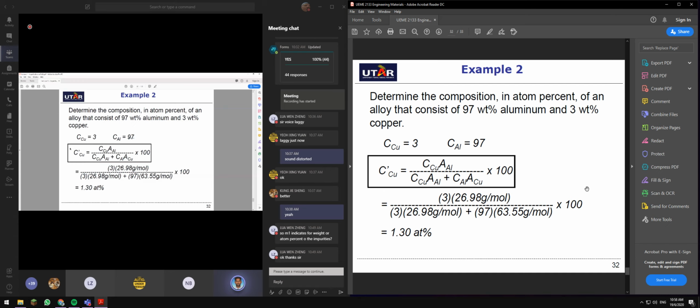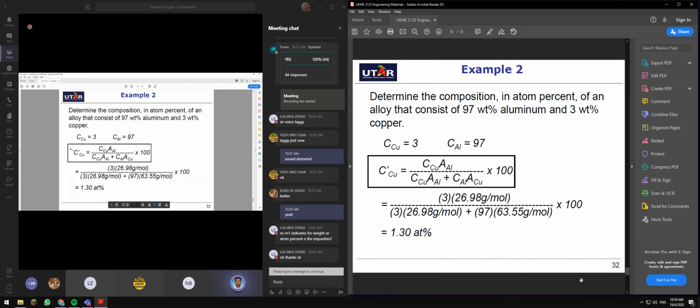You take the weight percentage of copper times the atomic mass of aluminium, so 3 times 26.98, divided by the overall system, which is the weight percentage of copper times the atomic mass of aluminium plus the weight percentage of aluminium times the atomic mass of copper. Then you have the atomic percentage for copper.